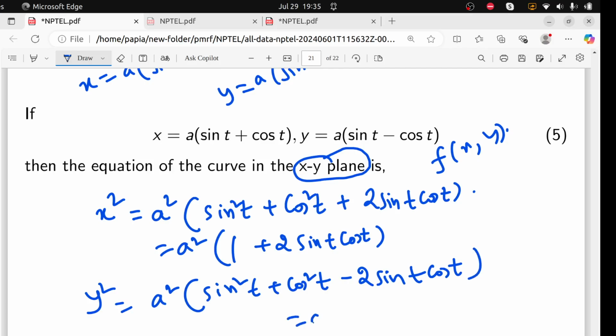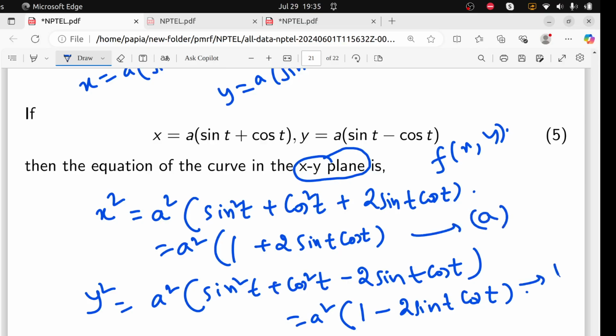Sin square plus cos square is 1, so it is 1 minus 2 sin t cos t. Let me call this equation A and this equation B. So in x square I have the sin t cos t term, and in y square I also have the sin t cos t term.